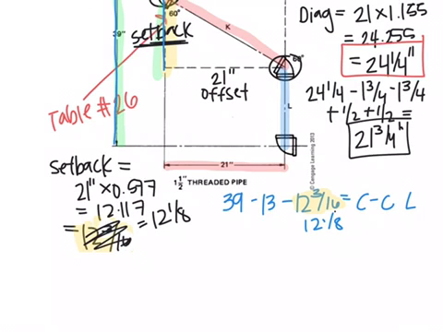Okay, so now, if we plug into our calculator, we are trying to find center to center of L. We need to do 39, subtract 13, subtract 12 and 1/8.